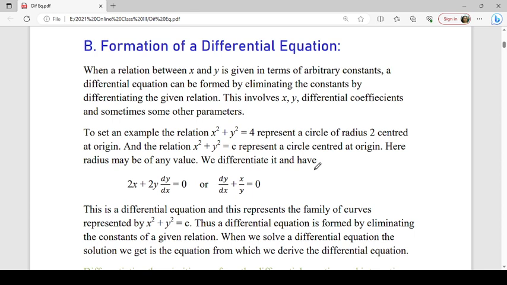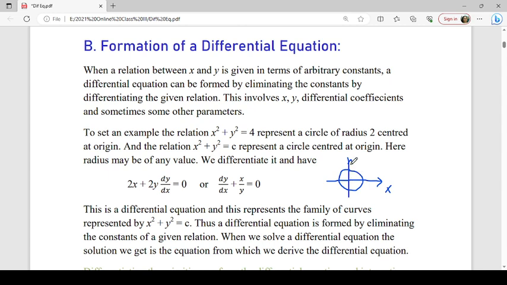This is x square plus y square equal to c. If we draw this is the x axis, this is the y axis, and this is the circle with center (0, 0) and radius root c. So c is any value.